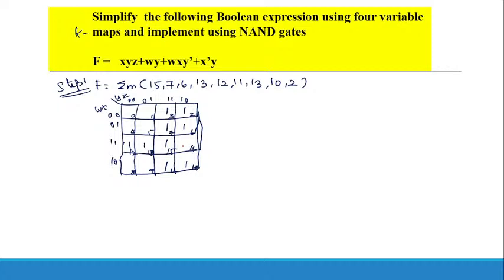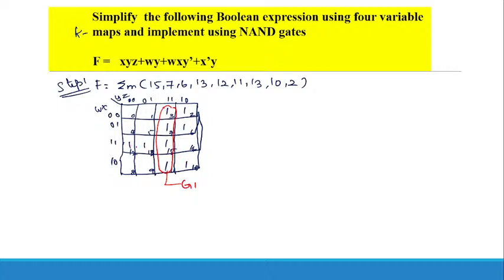Quad, now 4 cells. Immediately most of you would look for this, because all 4 cells are adjacent. 3 is adjacent to 7, 7 is adjacent to 15, 15 is adjacent to 11. Okay, so in a way all the 4 are adjacent to one another. So this is group 1. Immediately when we see, we will name it. So next, who is left out?